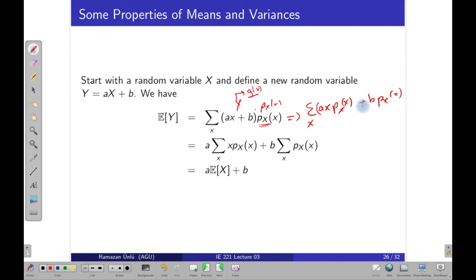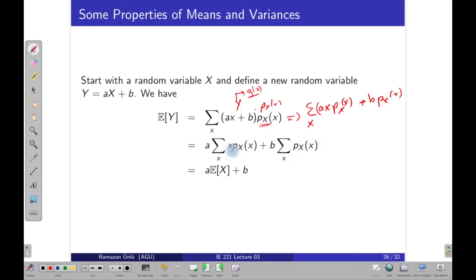Because there's a plus sign here, we can split it into two summations: the sum of a times x times pmf of x, plus the sum of b times pmf of x.